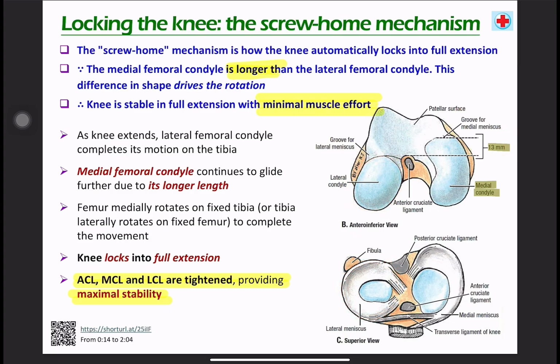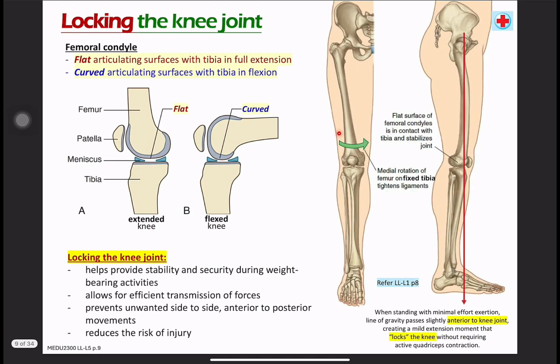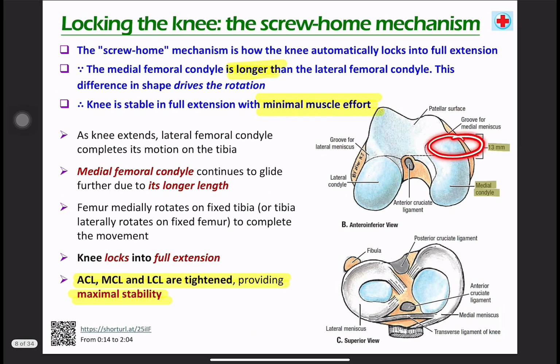To complete the extension, the femur then slightly rotates medially on the fixed tibia. This medial rotation makes the exposed part of the medial femoral condyle fully accommodated in the medial meniscus, locking the knee in place.